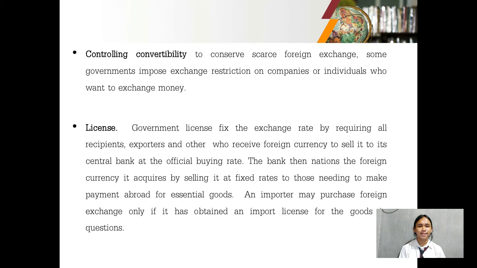Controlling convertibility. To conserve scarce foreign exchange, some governments impose exchange restrictions on companies or individuals who want to exchange money. By convertibility of a currency, we mean the currency of a country can be freely converted into foreign exchange at a market-determined rate of exchange, that is, the exchange rate as determined by demand for and supply of a currency.